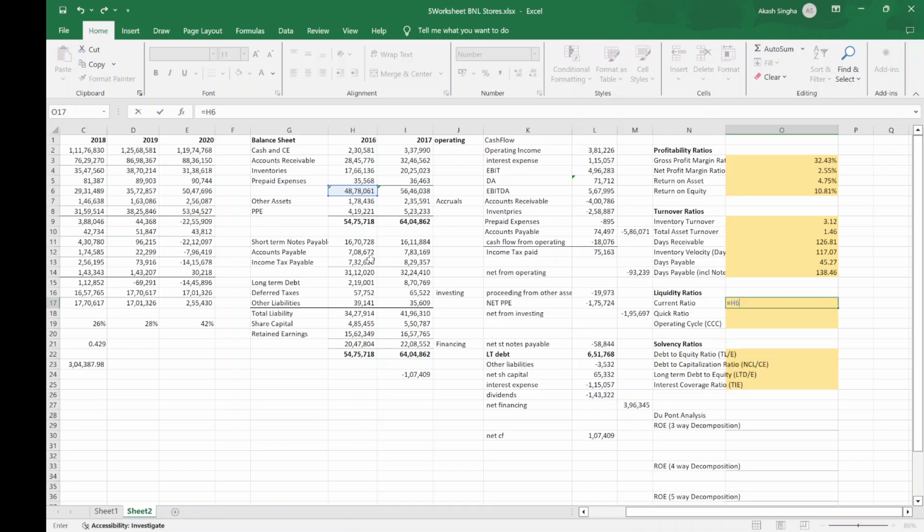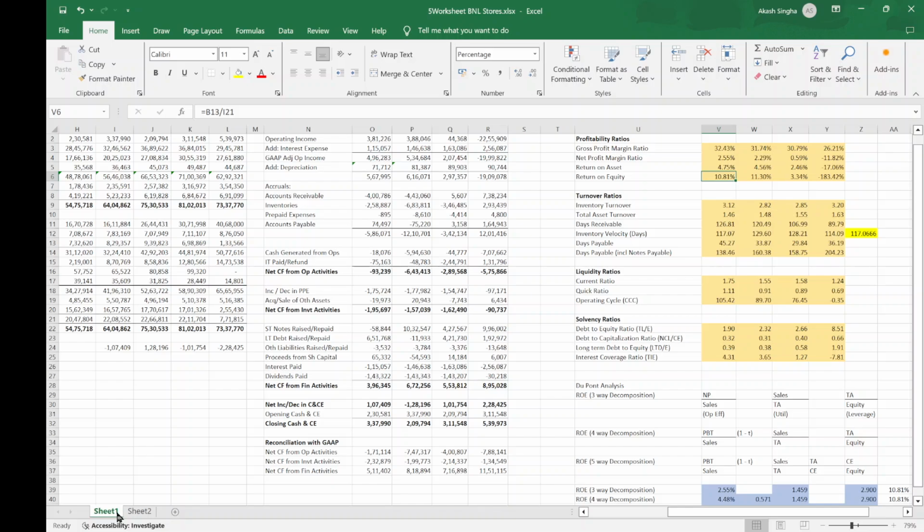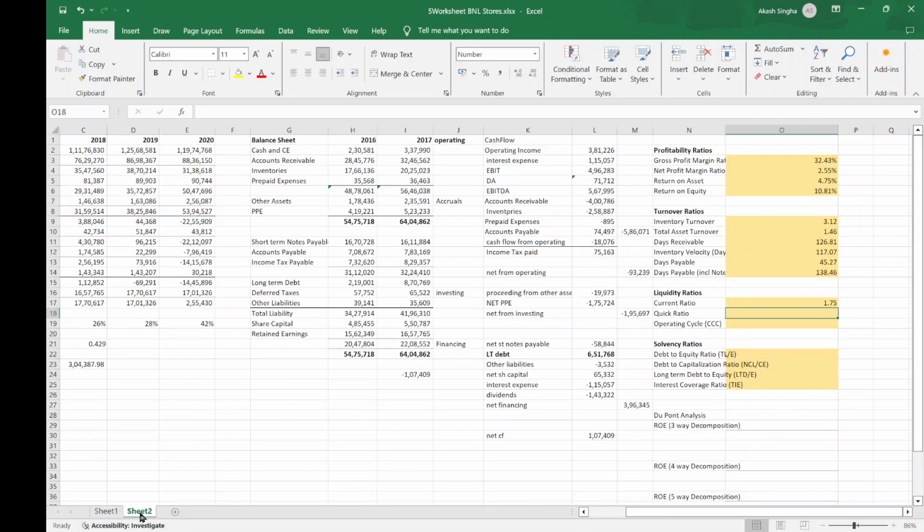Current asset by current liabilities. 1.75. Yep. Quick ratio is cash and cash equivalents by current liabilities. I think this is it.